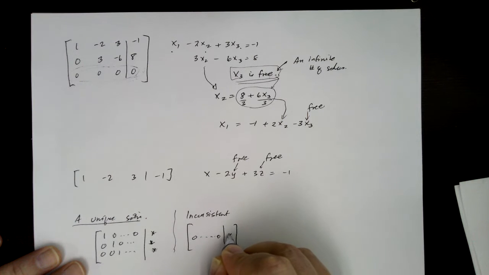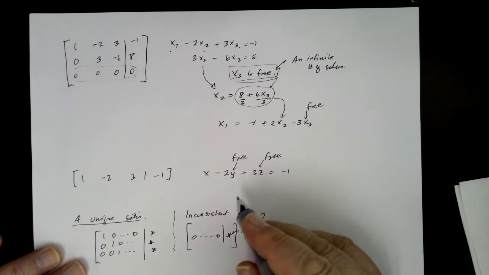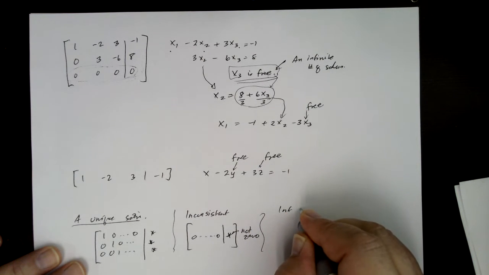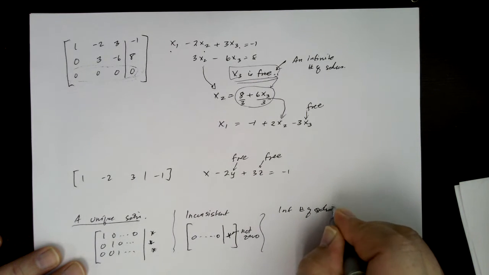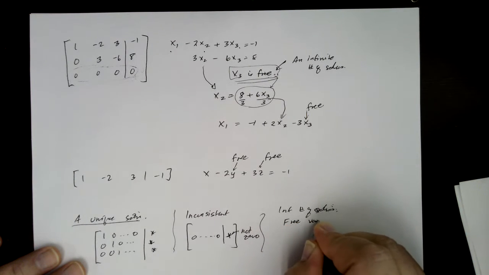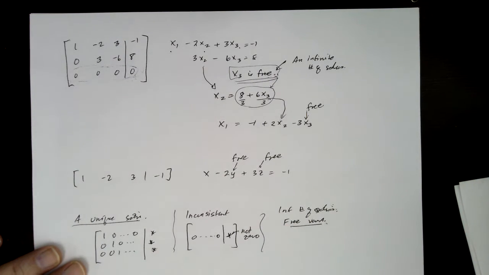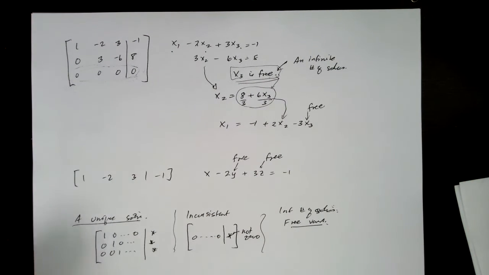Zeros, and then something not 0. And then an infinite number of solutions. It's getting late in the afternoon. This means if we get free variables. If we have free variables, that corresponds to an infinite number of solutions to the system. Good. All right. I think that just about covers us.